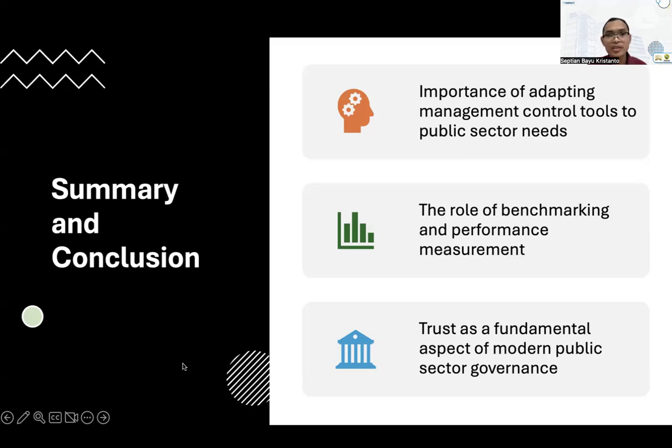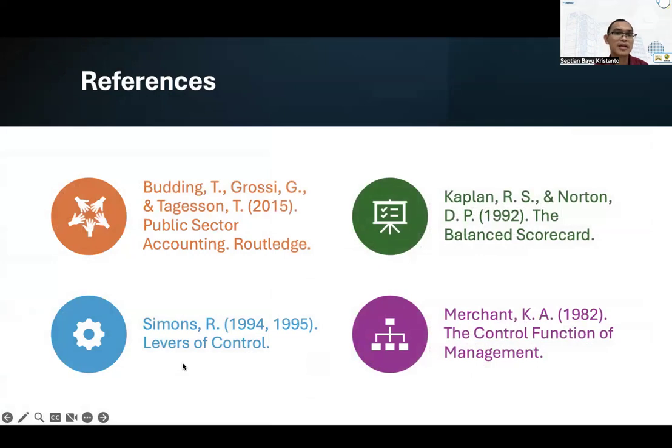I have given you the e-book on public sector accounting from Puddings et al., from Routledge in 2015. I think you need to add some references yourself for self-individual study, like the balanced scorecard from Kaplan and Norton in 1992, which you can also find on Wikipedia, and also how to lever our controls in the management unit or organizations from Robert Simons in 1994 and 1995.